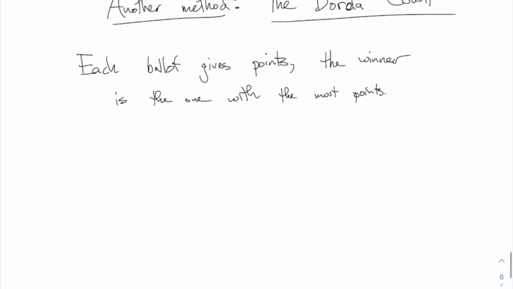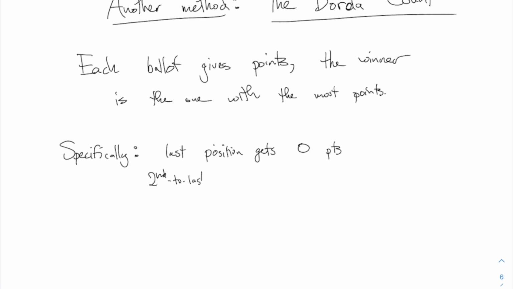And here's the way that the points work specifically. Specifically, how to get points. Last place, last position in the ranking, A, B, C, D, whatever. The person ranked at the bottom, last position, gets 0 points. And then the second to last gets 1.